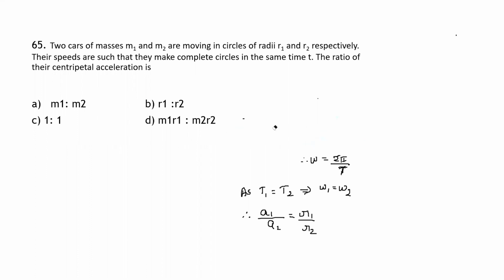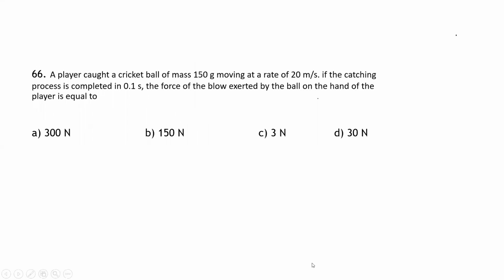Then our next question. A player caught a cricket ball of mass 150 gram moving at a rate of 20 meter per second.